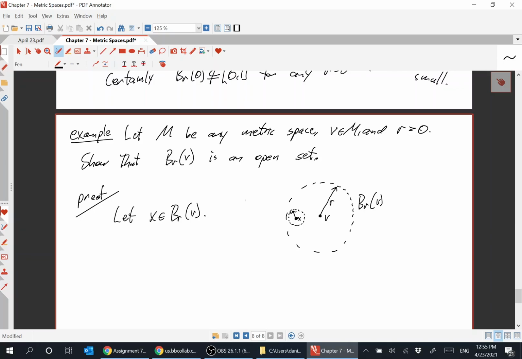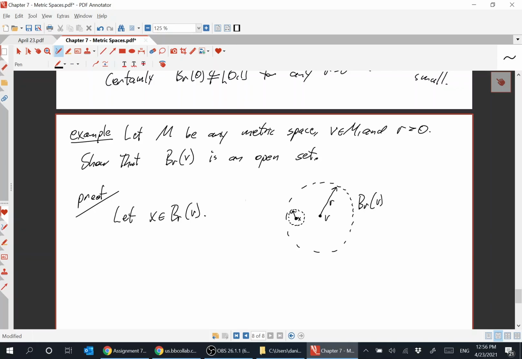We have element x in the ball around v. So we also have a quantity that has to do with u and v. Now u and v themselves are not quantities, right? This is just an abstract metric space, so they aren't necessarily numbers. But there is a quantity depending on them that we do have.